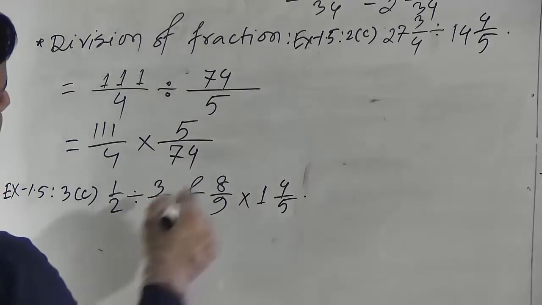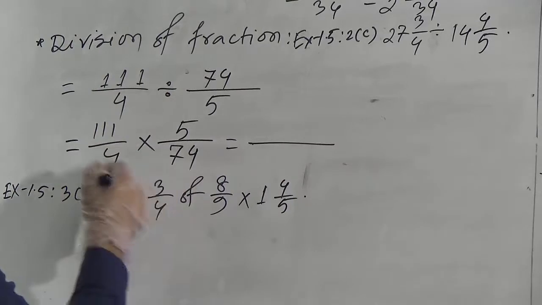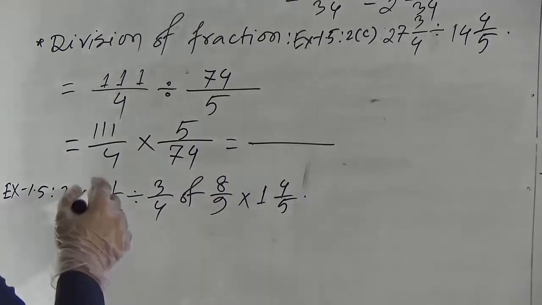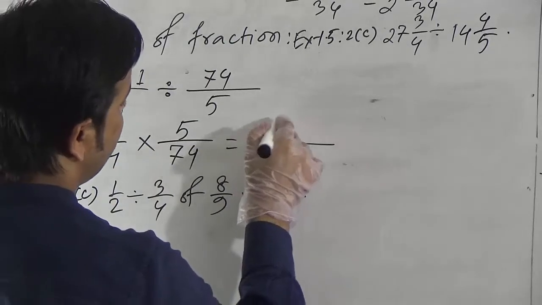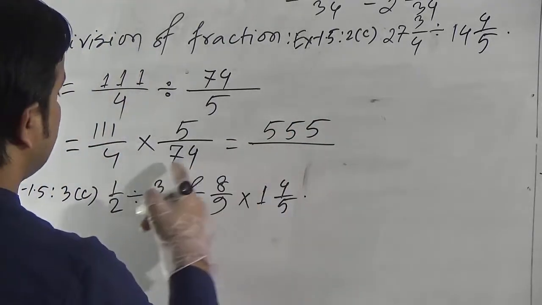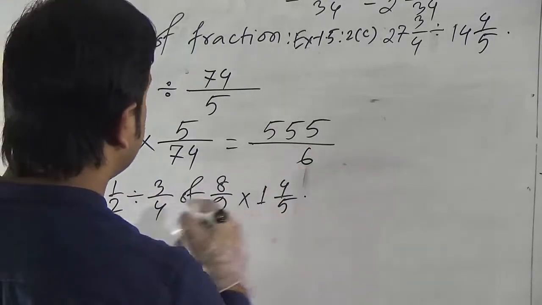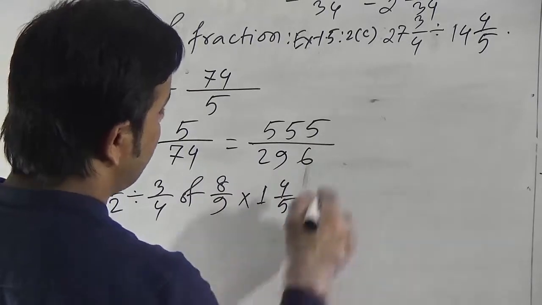So we can calculate here. Now this is multiplication of fraction by fraction. So the product of the numerators is 555 and the product of these two denominators is 4 fours are 16 and 4 sevens are 28 and 1, 29. 296.